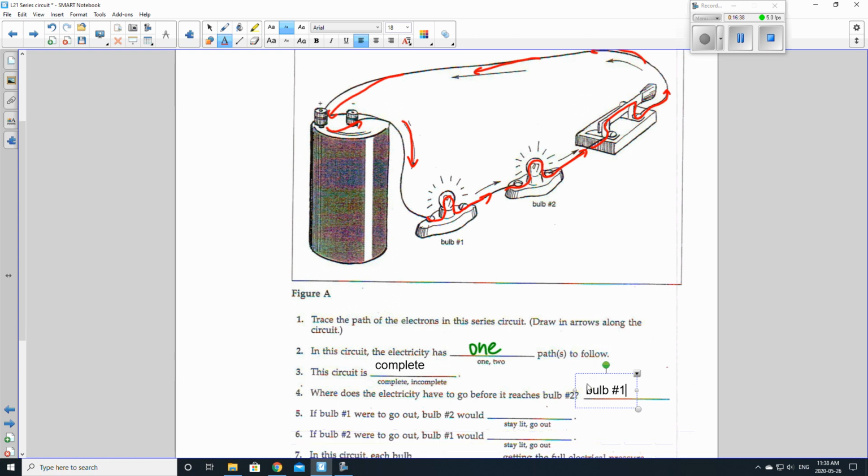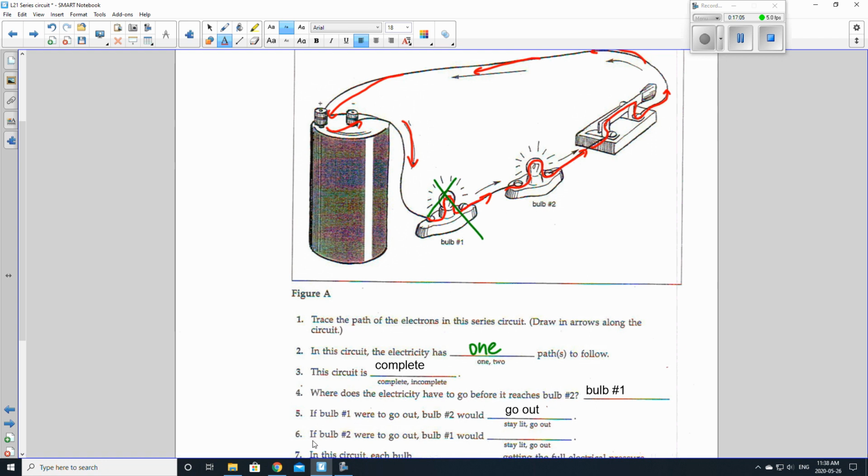Okay, this means if bulb number 1 were to go out, so we talked about this, bulb number 2 would also go out. Okay, and I hope that makes sense. It would also go out. Why? Because if there's a break in the circuit, it doesn't matter where it happens in the circuit, it's either all on or all off.